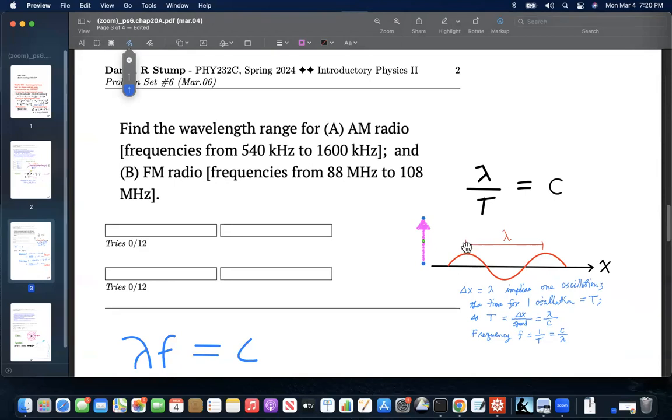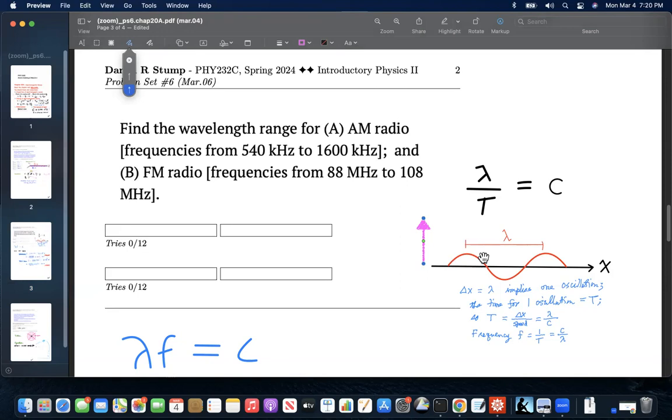can be defined in various ways. One way is to say it's from the crest to the next crest. The crest of the wave, the maximum amplitude, to the next crest, the next maximum amplitude. That could be one way to define the wavelength. Or you could say it's from one node to the next node.